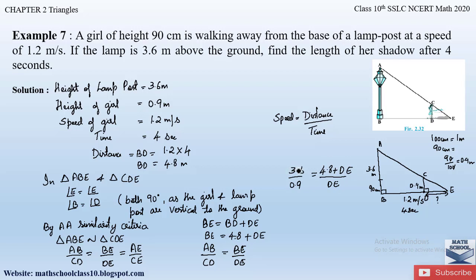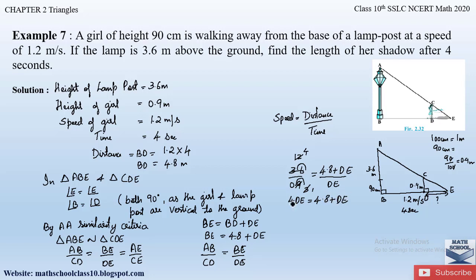Now if we remove the point here in both the numerator and denominator, no need to multiply by 10 because we are removing the point in both numerator and denominator. So we will get 36 by 9. So cancelling, 9 3s are 27... that is, 9 4s are 36, so we get 4. So 4 is equal to 4.8 plus DE by DE, that is 4DE is equal to 4.8 plus DE.